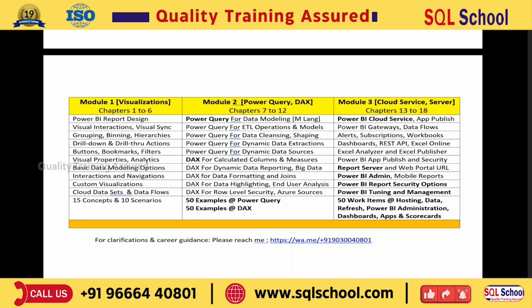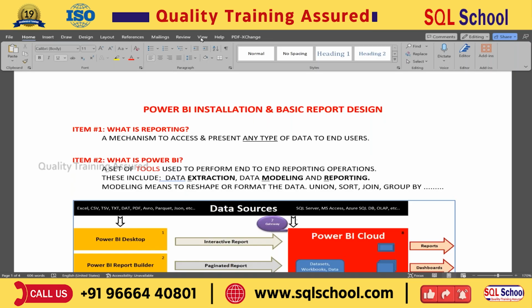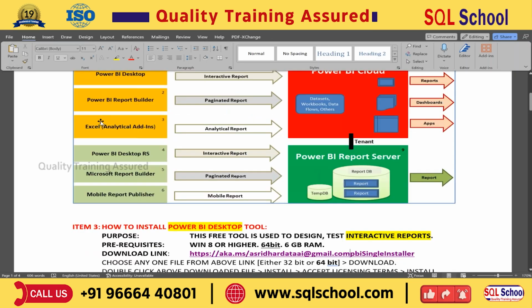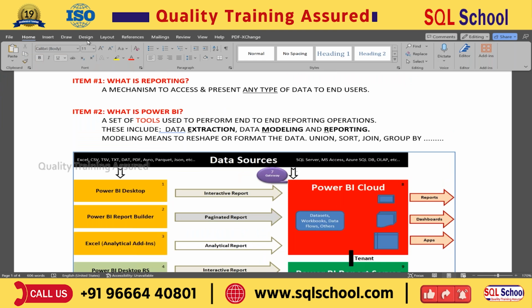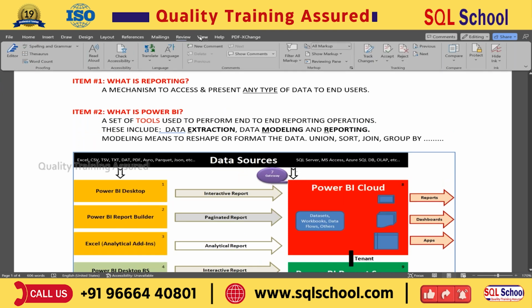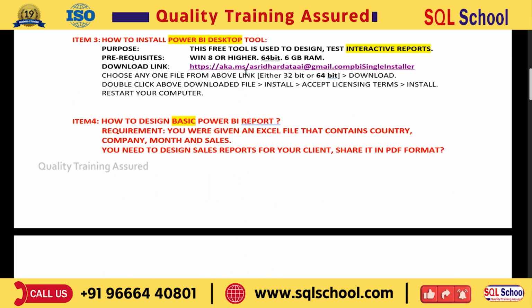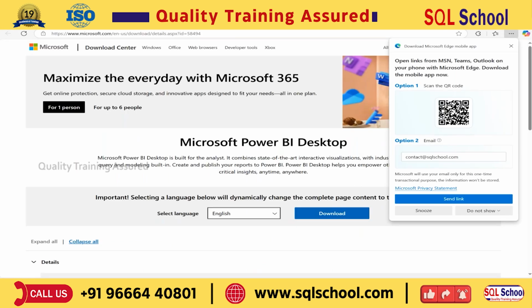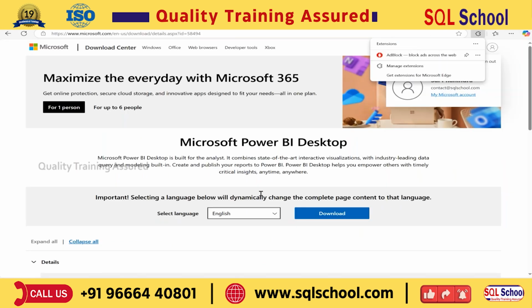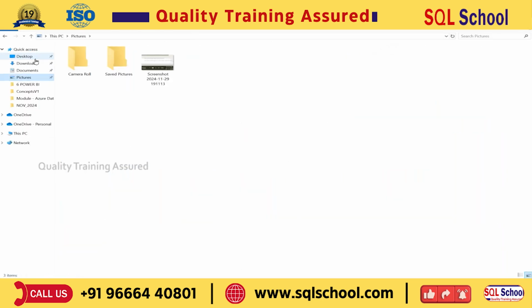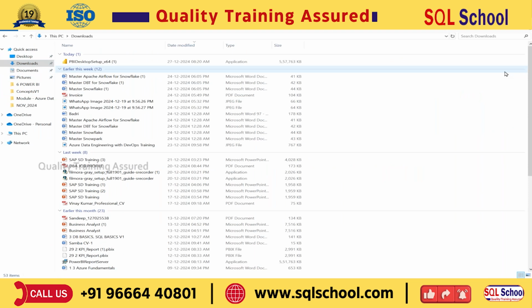From here comes our next important item, installations. Go to this website link, download, just wait. Just download the 64-bit edition. I think I downloaded it a few moments back. Yes, here it is.